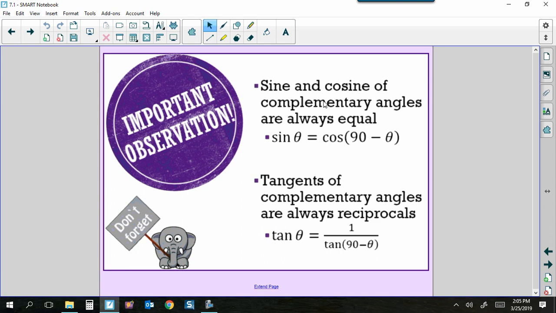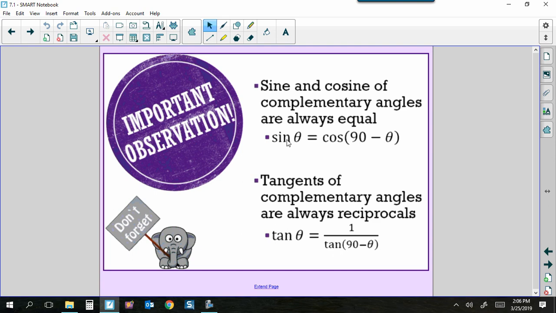That's written in words. The second bullet point, I have this. These mean the same thing. I just wrote it as an equation versus words. So sine of theta, we know theta represents some angle. We know the other angle we would look at would be the complementary angle. Well, if theta is 30, what's 90 minus 30? 60 degrees.